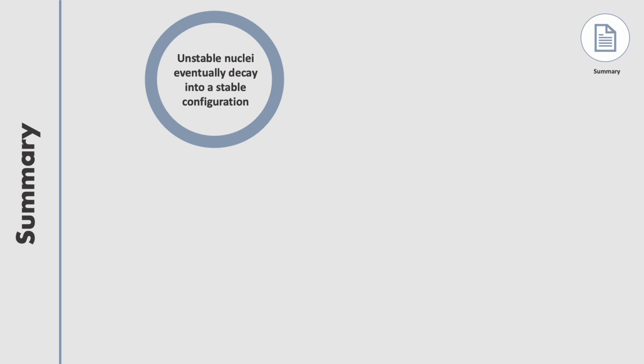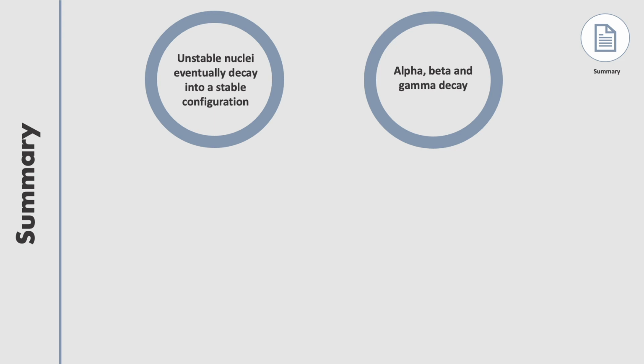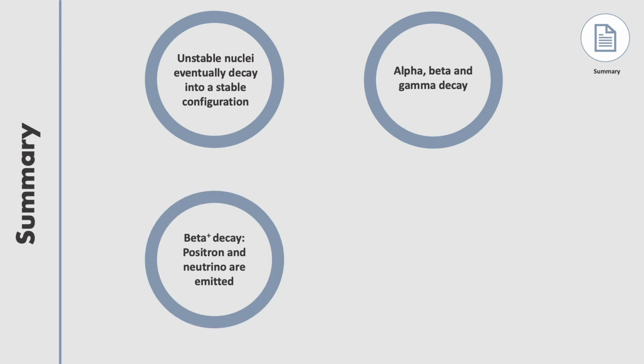Let's summarize. An unstable nucleus will eventually decay in order to become stable. The different forms of decay are alpha, beta, and gamma decay. The decay that is relevant for PET scans is beta plus decay. When a nucleus is unstable due to having an excess proton, it transforms that proton into a neutron by undergoing decay.